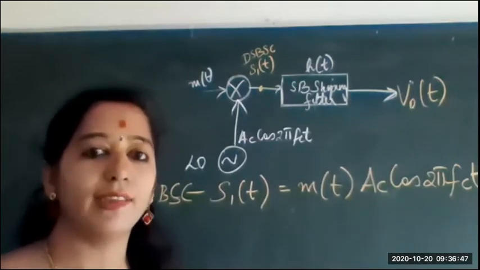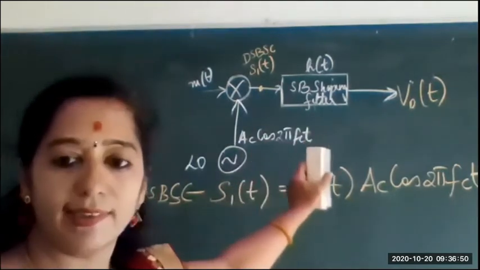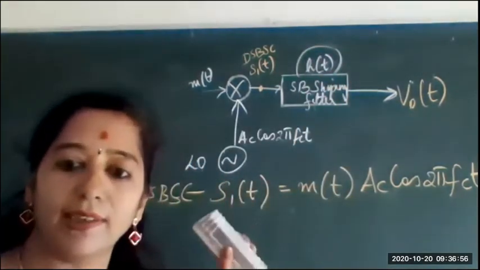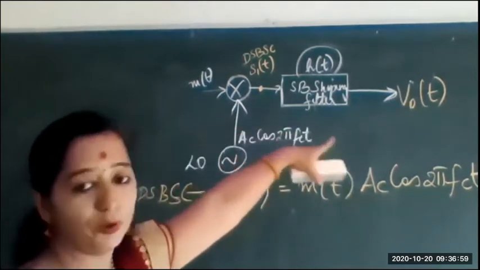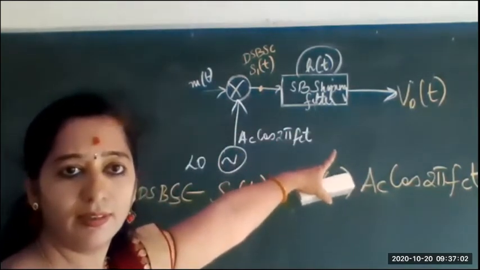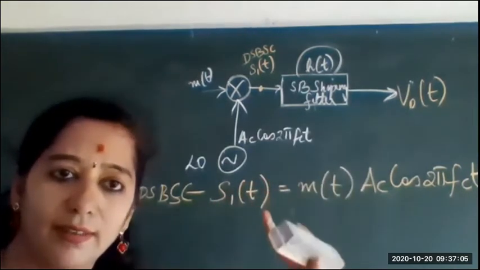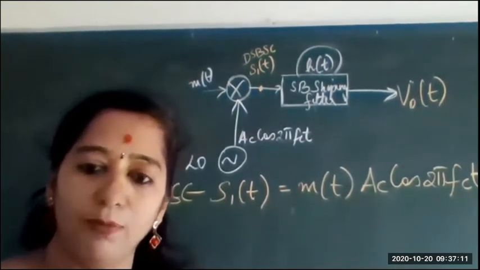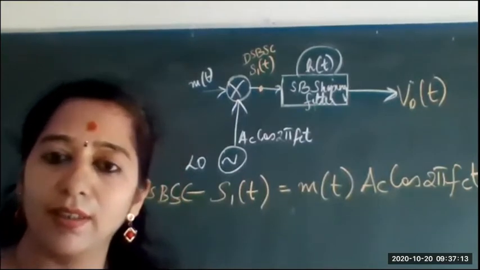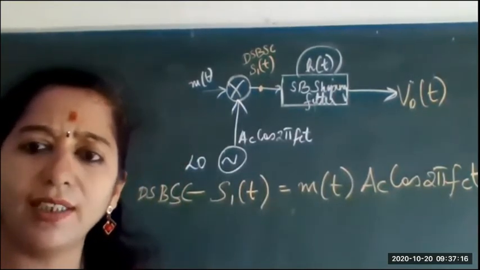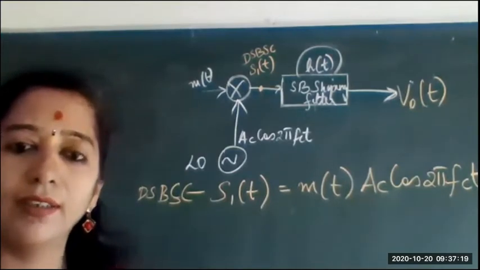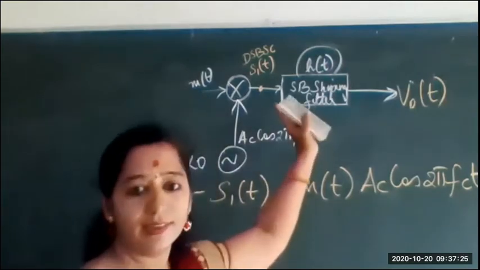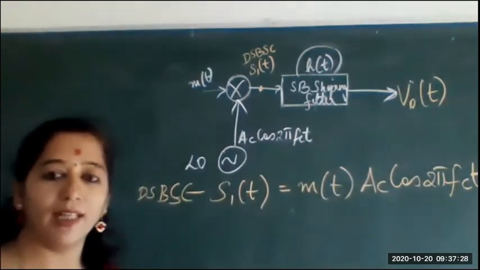Any signal which passes through a system with impulse response h of t, what would be the output of the system? You've studied signals and systems so many times. If S1 of t passes through this filter, the output would be the convolution.